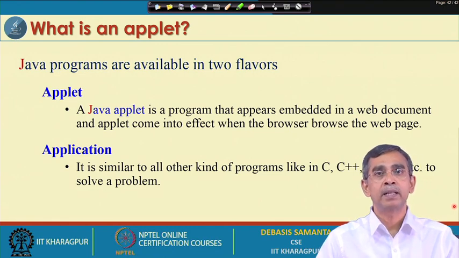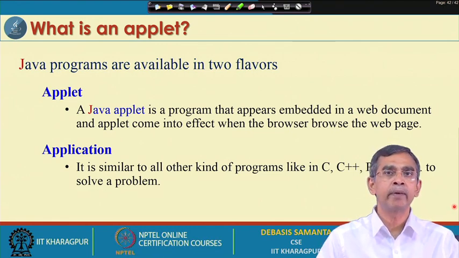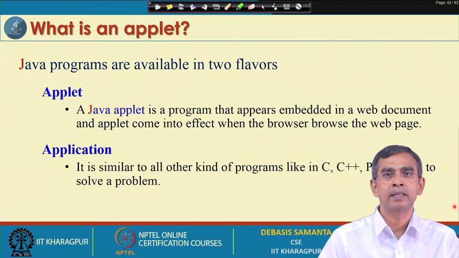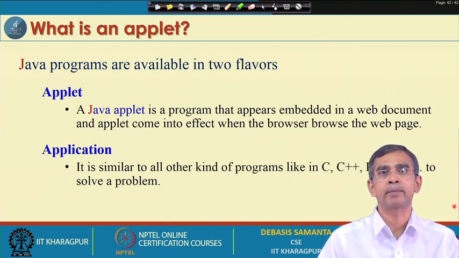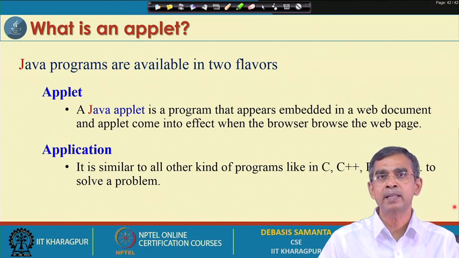But the applet is a little bit different type of program, and Java is a unique programming language which supports that. The name applet comes from the fact that whenever we want to mention something small, we use 'let'. So, a small application is called a Java applet.